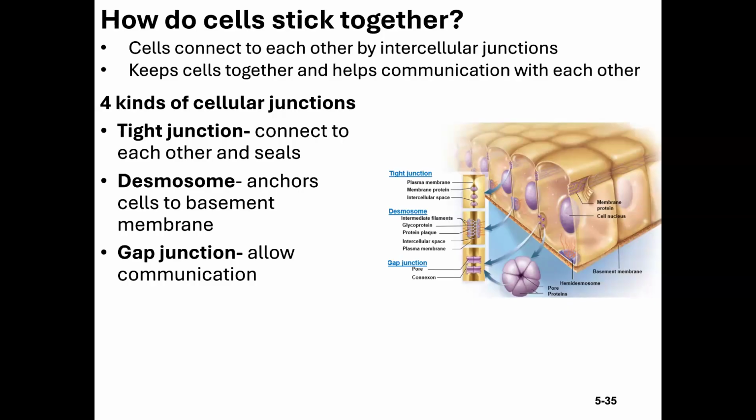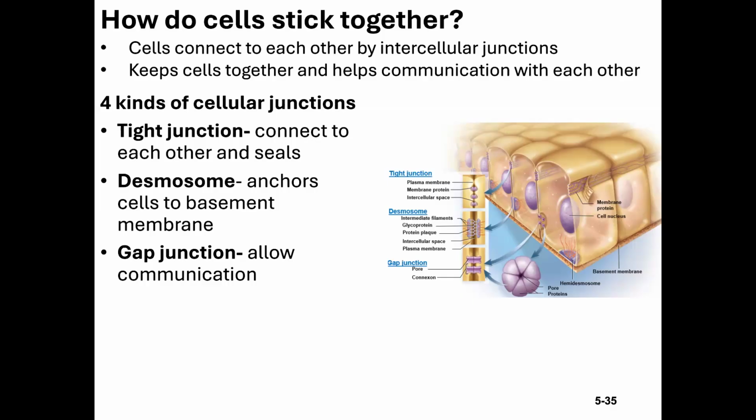So if you think about the skin, it is separated from the underlying layer, and there's a membrane in between. That's a basement membrane. So the epithelial cells or the epidermis is sitting on a basement membrane.